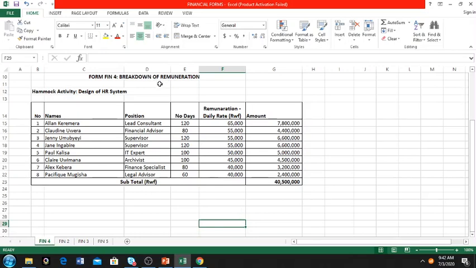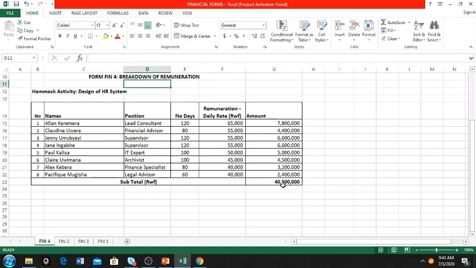You break down your cost, and then you multiply with numbers, number of days, number of consultants, unit prices, daily rates or any other rates, then you come up with an amount that you sum to have subtotals and totals.